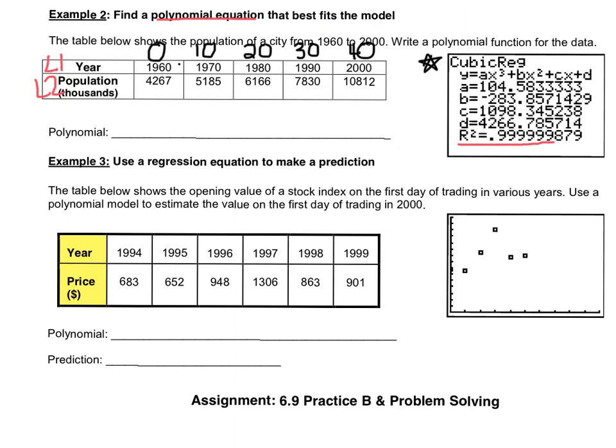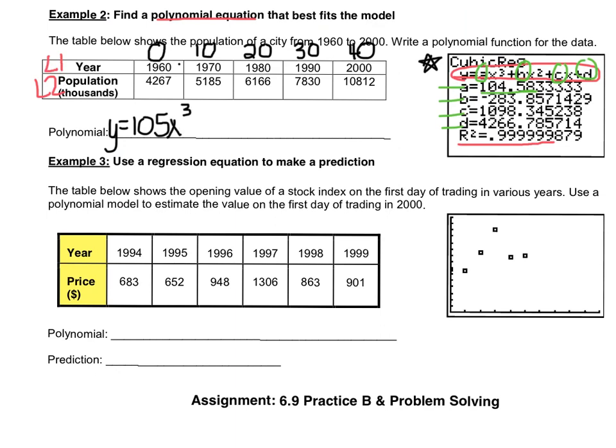What we're going to do is write this equation right here, but substitute each of those letters, A, B, C, and D, with these numbers right here, and we're just going to round them. So instead of 104.58, let's just round that up to 105. So our equation will be y equals 105x to the third.